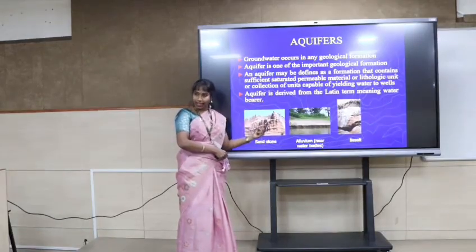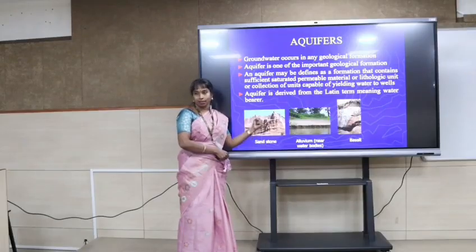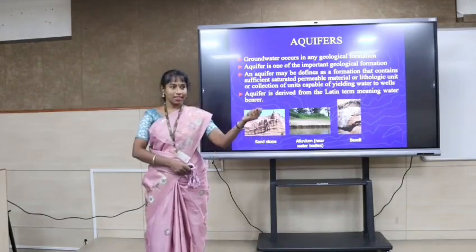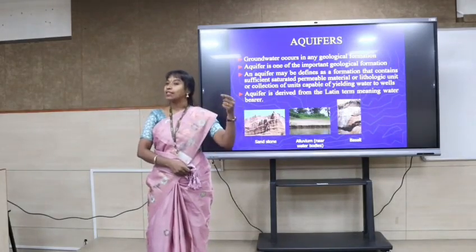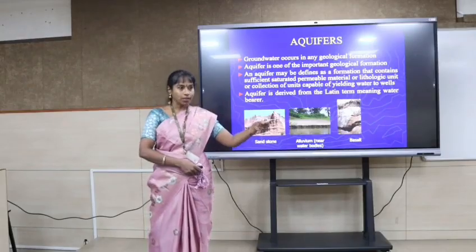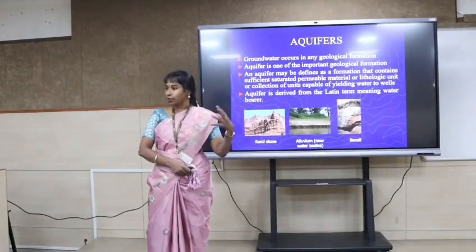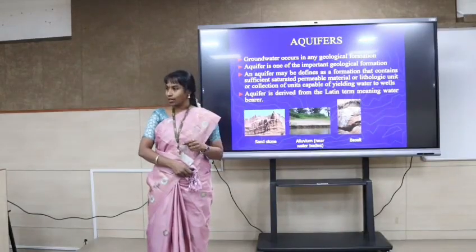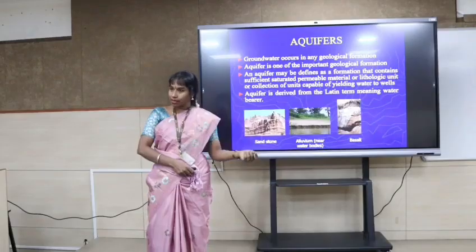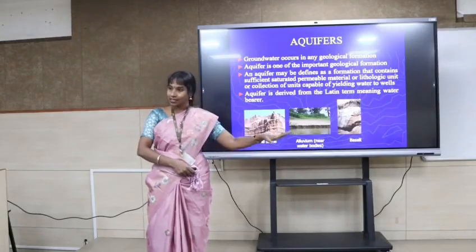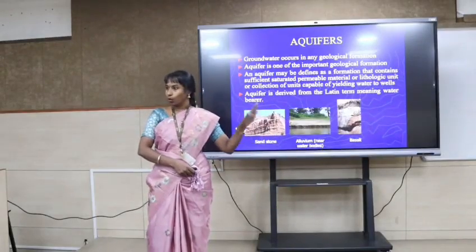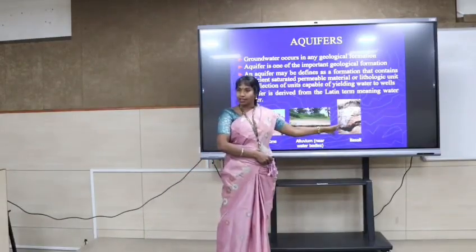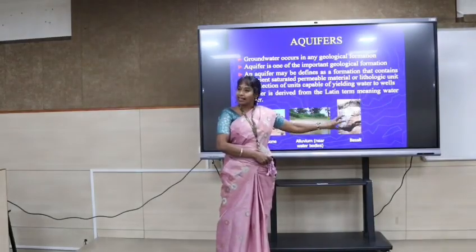Whenever it rains, this stone will absorb the water. And we have all seen near the river, the sand. That is called alluvium. Near any water body, you have a good type of geological formation where it can store more water. So alluvium is a type of aquifer, but it is located near the water bodies. Then basalt. It is also another type of geological formation that is called an aquifer.